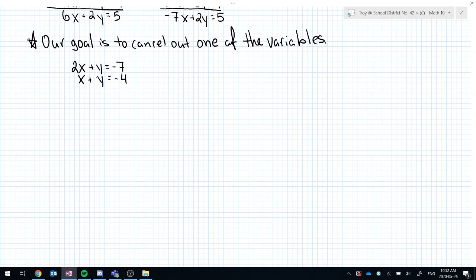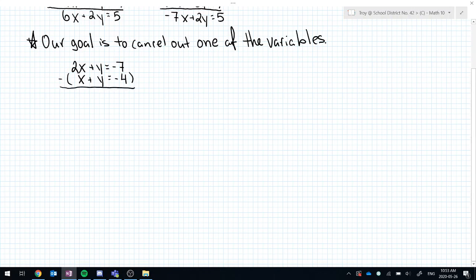Well, if we added both of these equations, like so, we would get 3x plus 2y equals negative 11. So notice here that none of the variables canceled out. We still have 3x and we still have a 2y. So clearly what we're going to have to do here is subtract them instead.